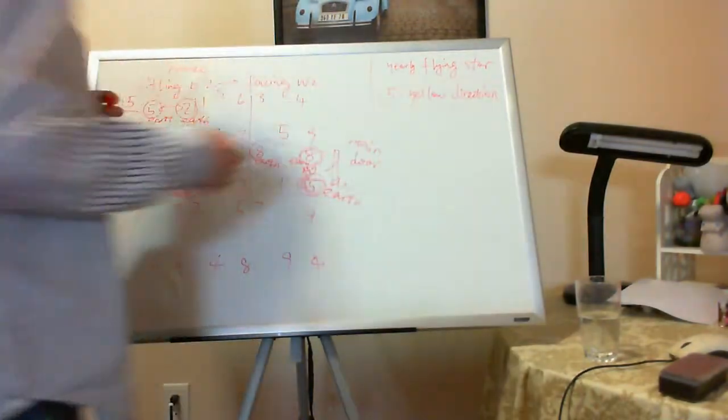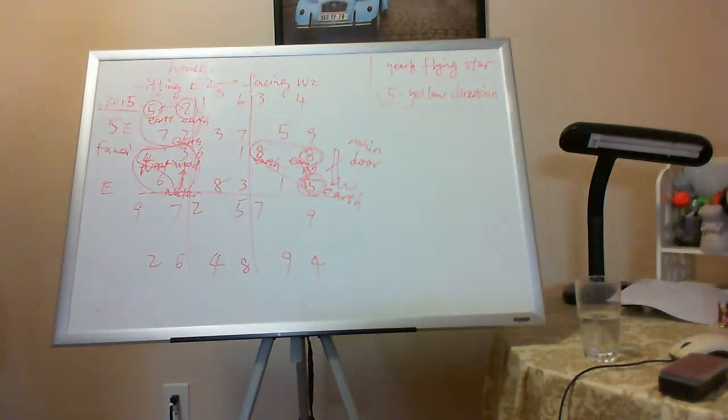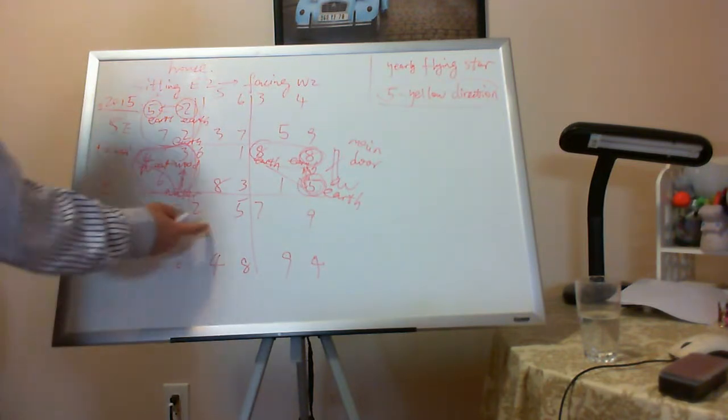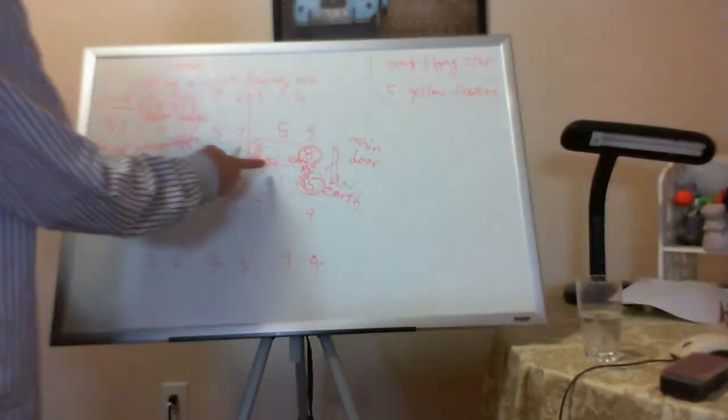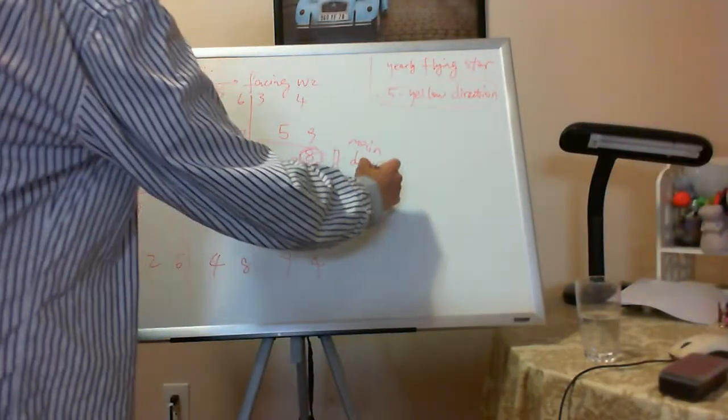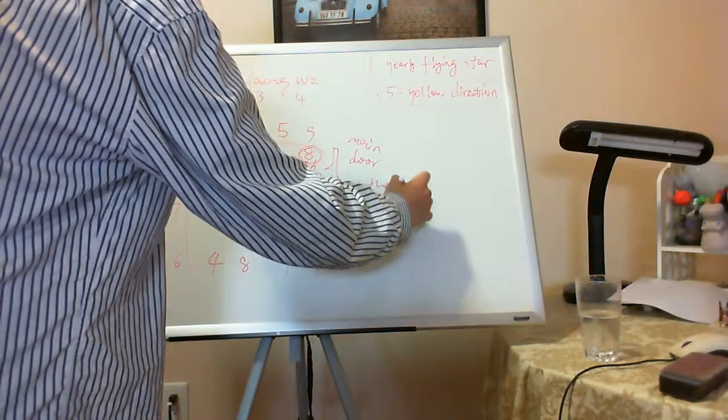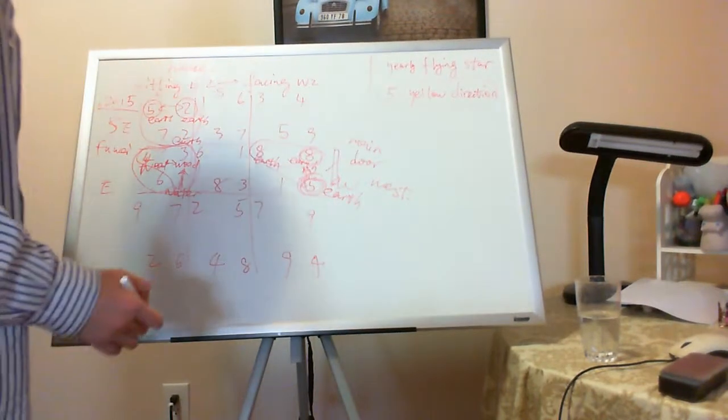5-yellow direction means the direction where the yearly star 5 is located, and in this example, it is the west, right? This is west, where the 5 is located.